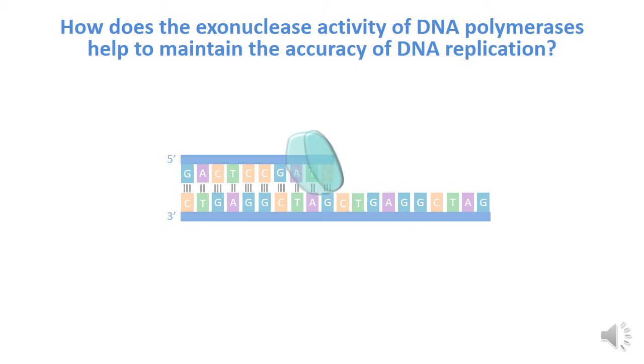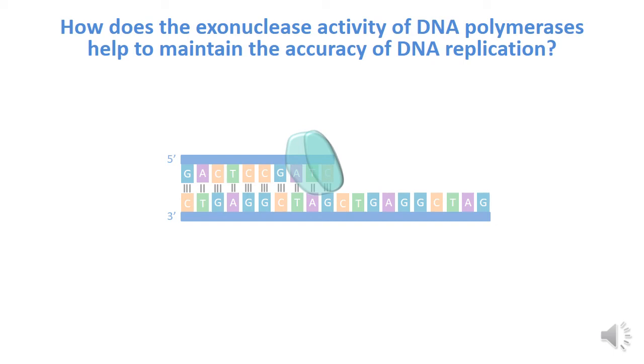Now what happened to the enzyme? It moved backwards. And where is the most recently added nucleotide now? Now it is located within the exonuclease site. What is the function of the exonuclease site? It is to check for the proper base pairing between the recently added nucleotide and the corresponding nucleotide on the template.